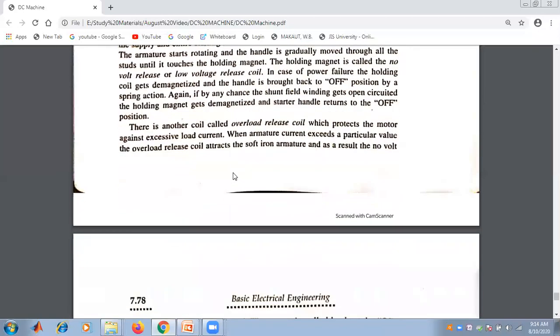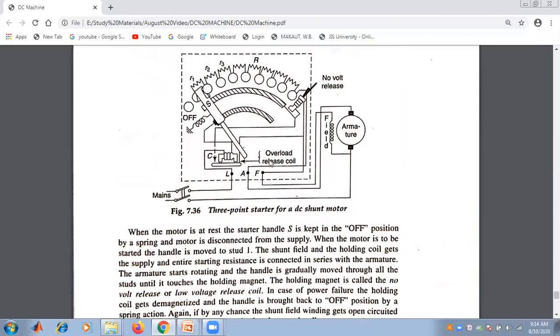This is another coil, called the overload release coil, which protects the motor against excessive load. When the armature current exceeds a particular value, the overload release coil attracts the soft iron armature, and as a result the no volt release coil gets short circuited.